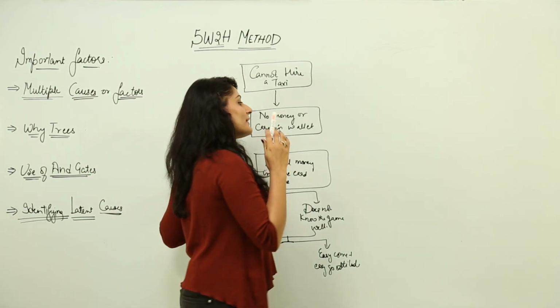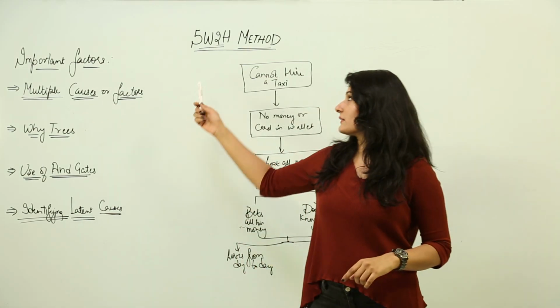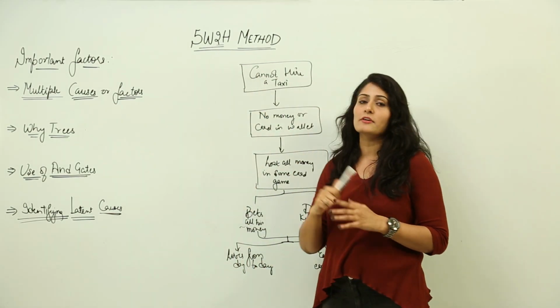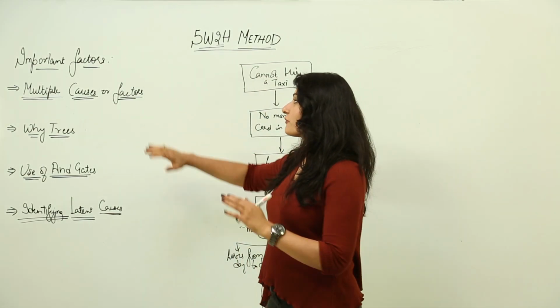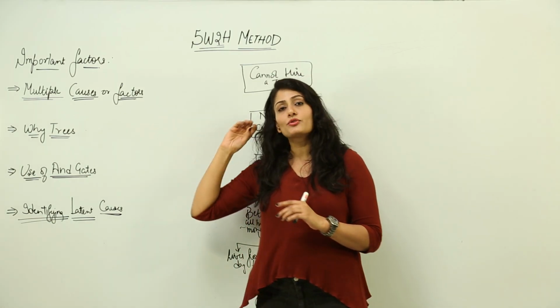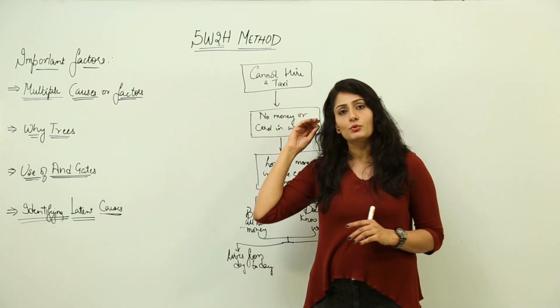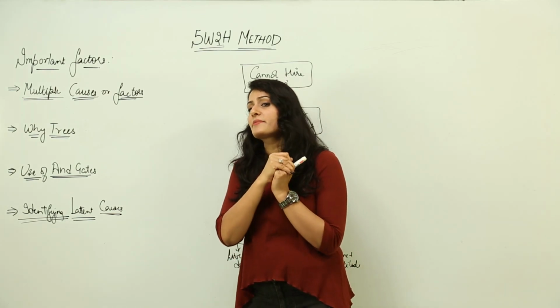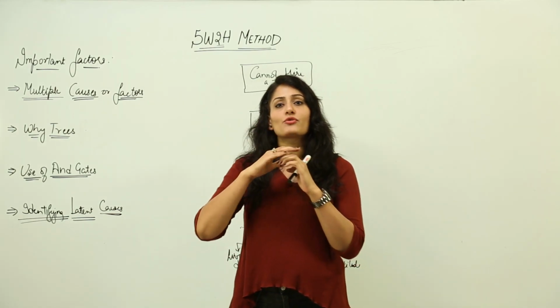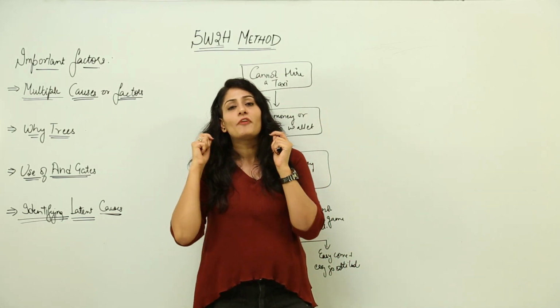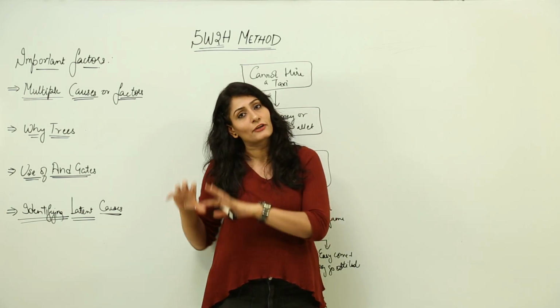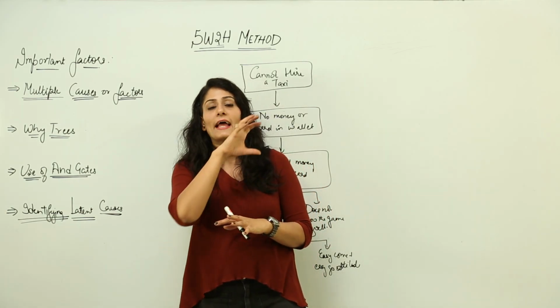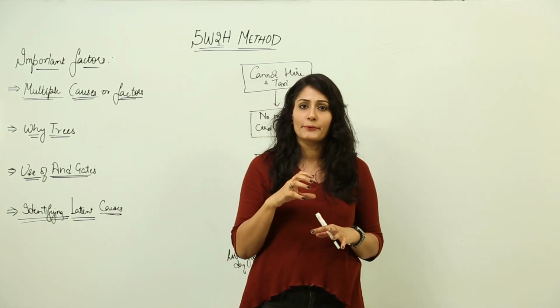So basically whenever you are using this method, that is the 5W2H method, always take care of these multiple causes, use it along with why trees, use AND gates, and identify the latent causes, because they are sometimes hidden and don't just surface up, you have to find them out, because these are the actual root causes of why an event or error actually happened, right?